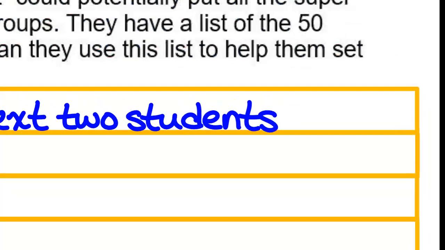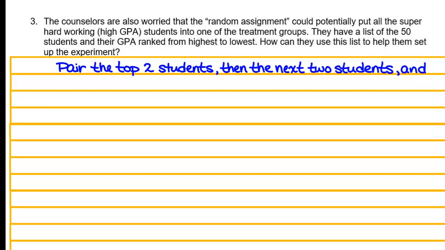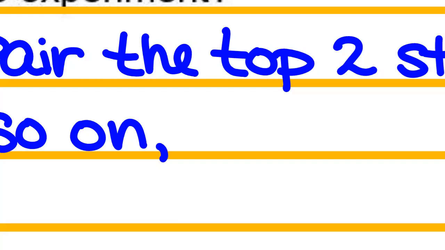And so on and so on. Ending up with how many pairs? 25 pairs.